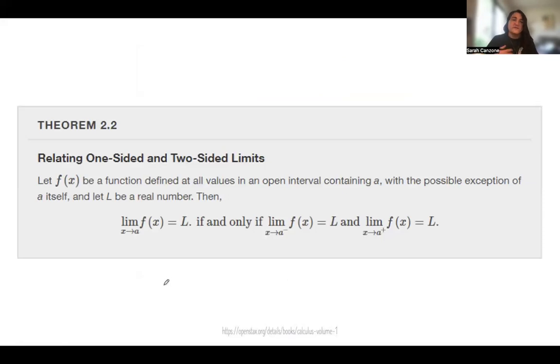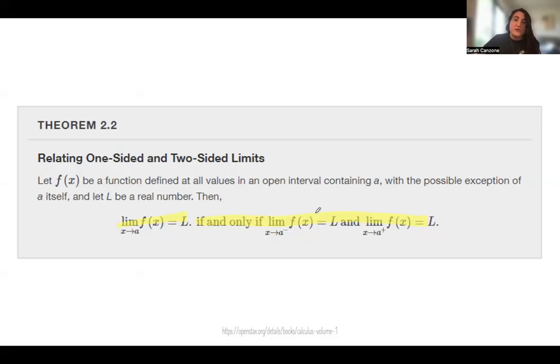All right, now we can get to the formal definition. So we have this definition of a limit, and it says the limit as x goes to a of f of x is L if and only if the limit of f of x as x goes to a from the left equals L, and the limit as x goes to a from the right of f of x is L. So if the limit from the left and the right are the same thing, then the limit exists and the limit is that number.